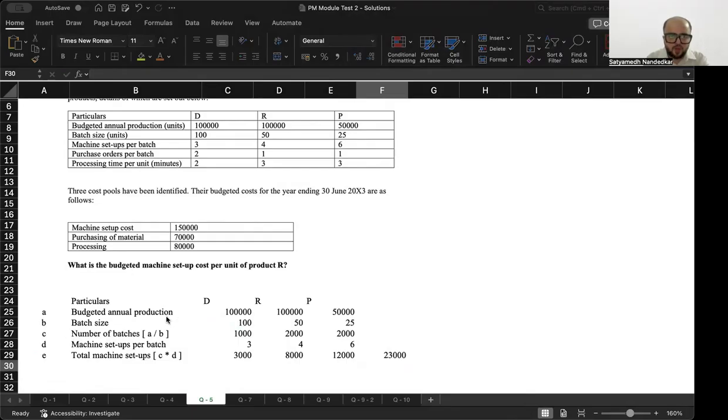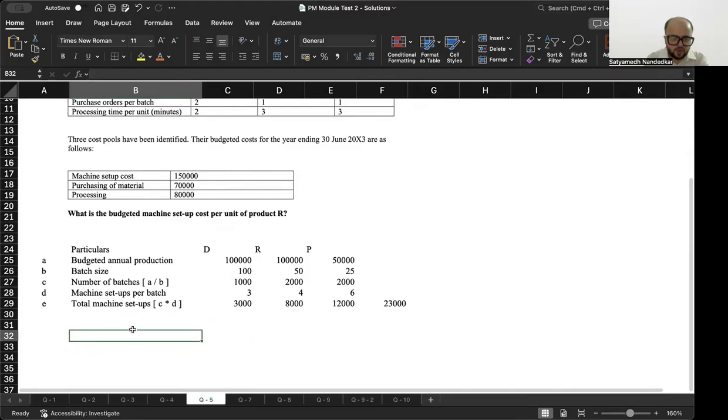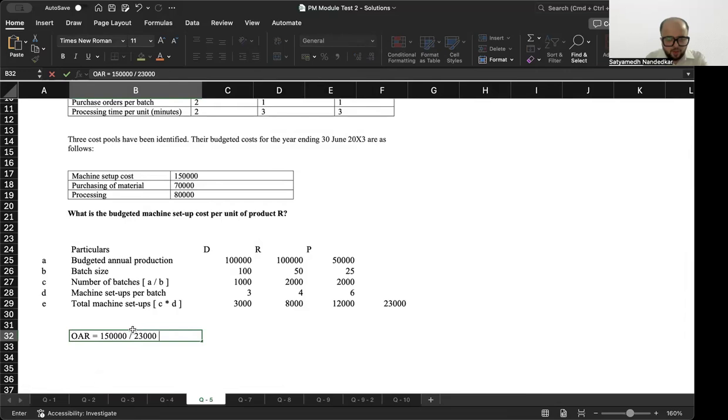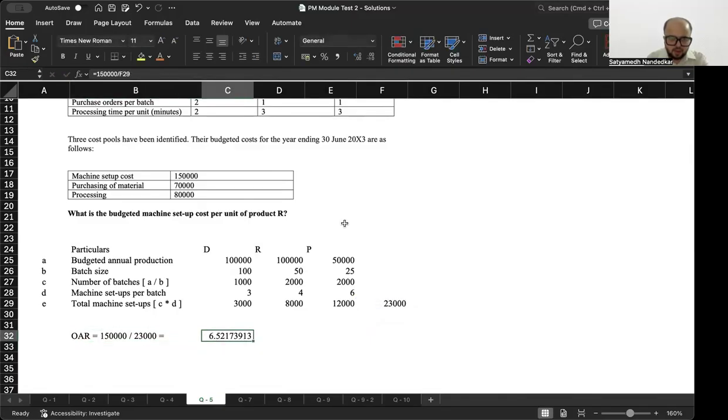What is the total number of setups? 23,000. So now if I were to calculate my overhead absorption rate, overhead absorption rate will be machine setup cost of 1,50,000 upon 23,000, which is 6.52 per setup.